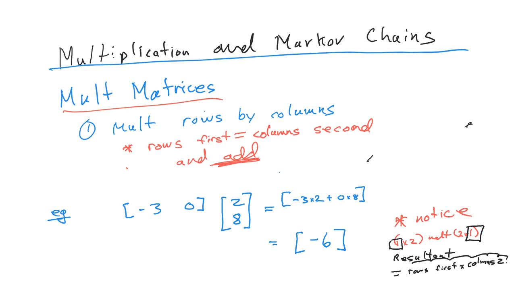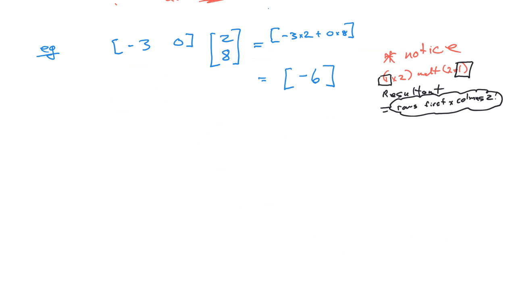Now remember, I told you the columns of the first must always equal the rows of the second. So let's see what would happen if I gave you a problem that looks like this.